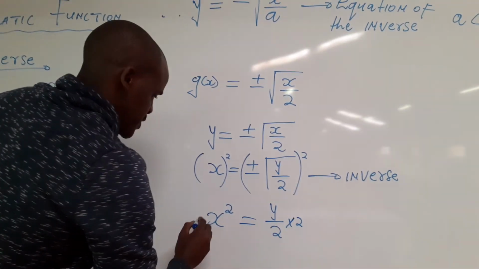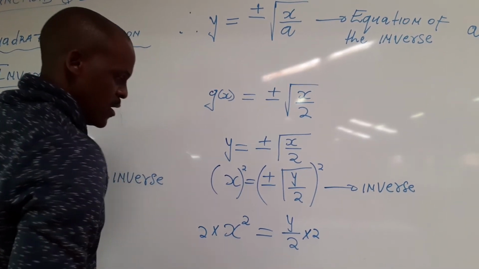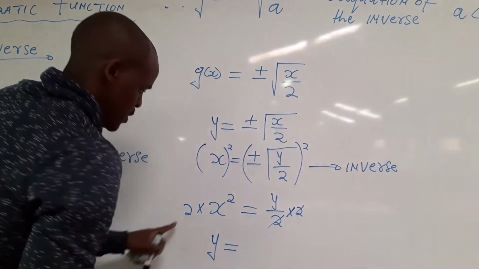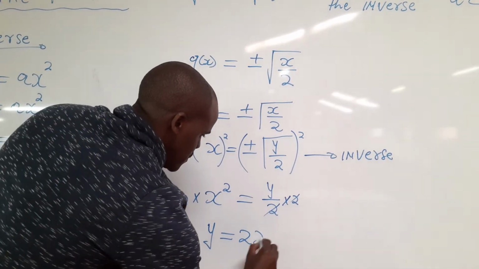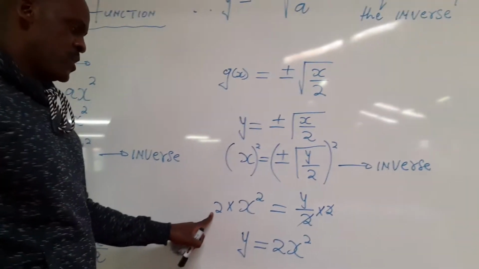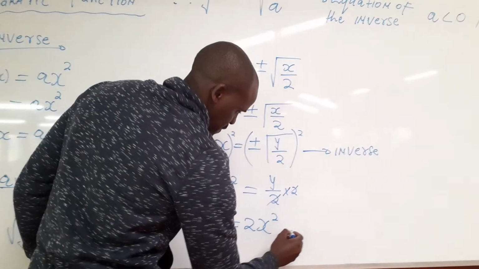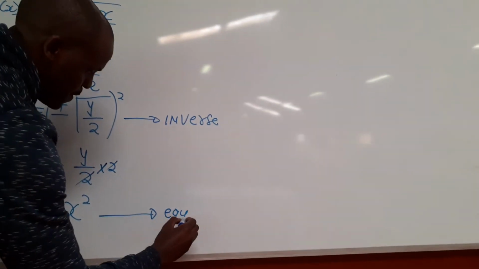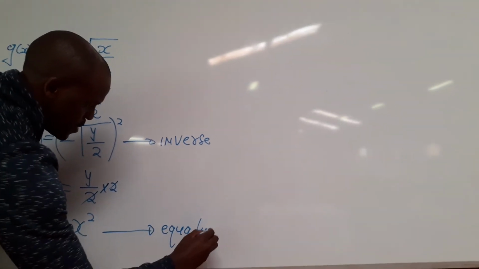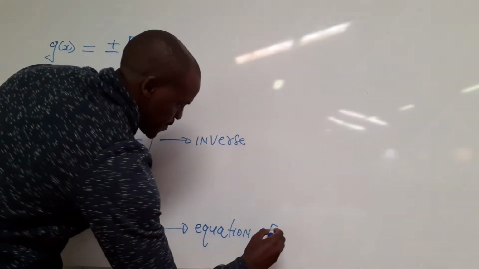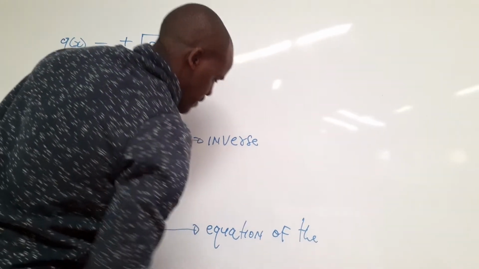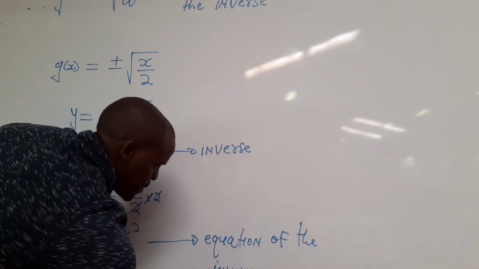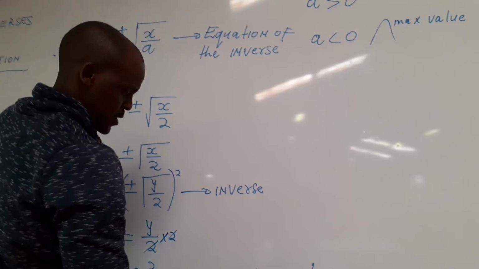Now we are having y equal to 2x squared. This is the equation of the inverse. Right.